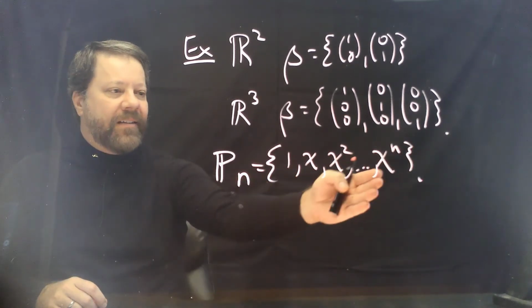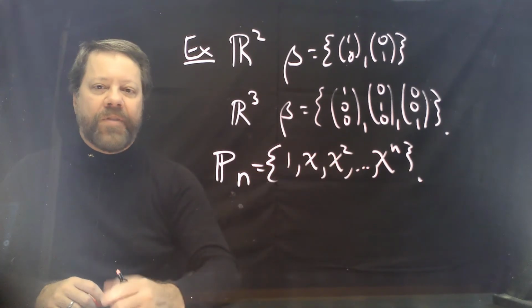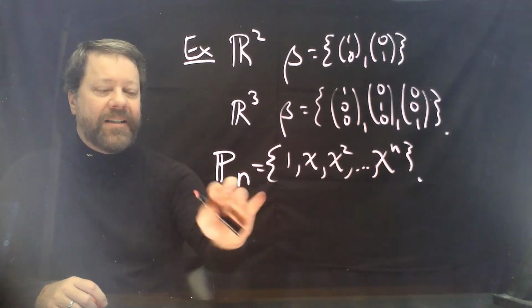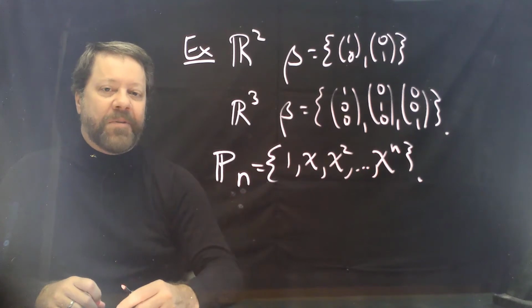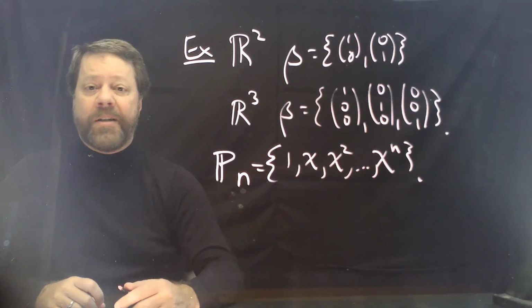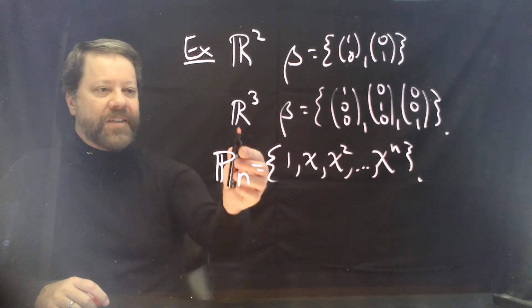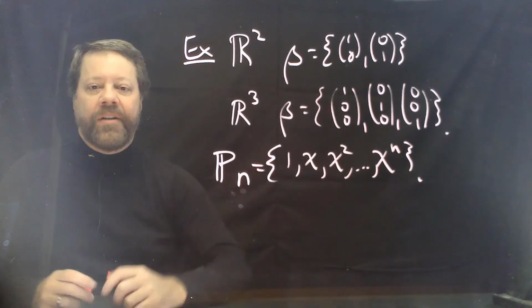Notice that this basis has n plus 1 elements, and therefore the dimension of the vector space of polynomials of degree n or less is n plus 1. Every basis has the same number of elements, and we define the dimension of a vector space to be the number of elements in a basis. That's why R3 has dimension 3, and R2 has dimension 2.